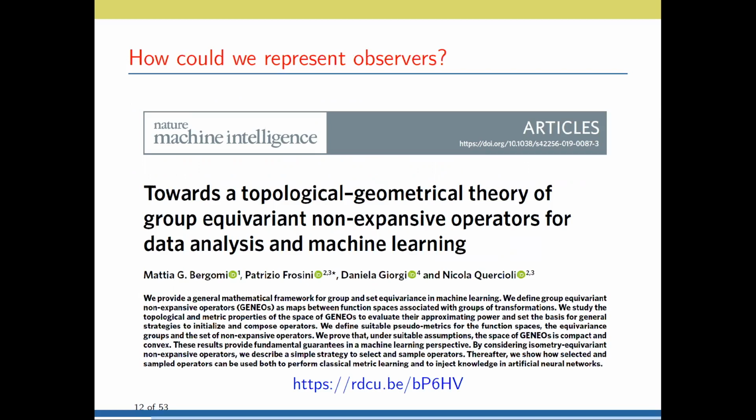I start with this paper, Towards a Topological Geometrical Theory of Group Equivariant Non-Expansive Operators for Data Analysis and Machine Intelligence. In this paper, the mathematical foundation of the theory is given, and I'm going to give you some basics about this theory in the next slides.